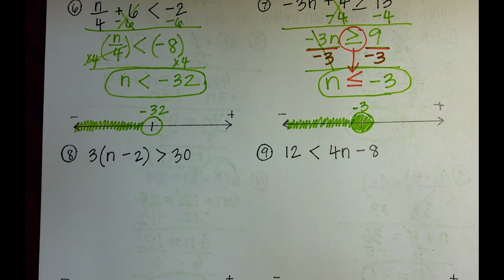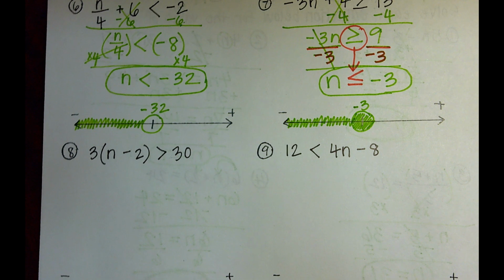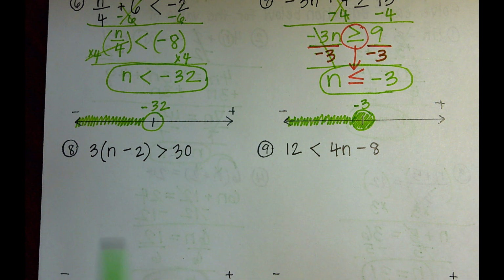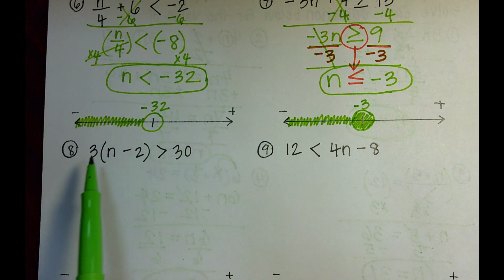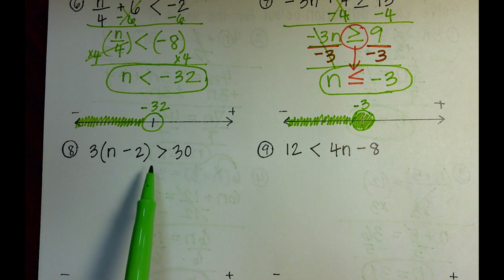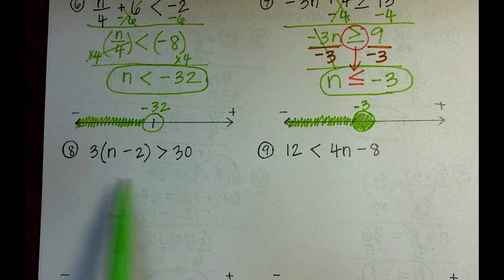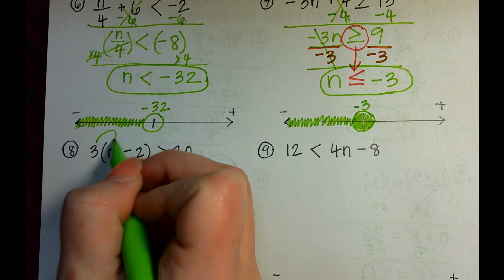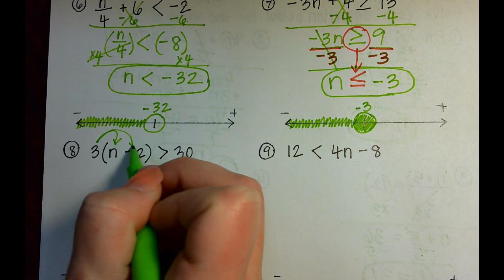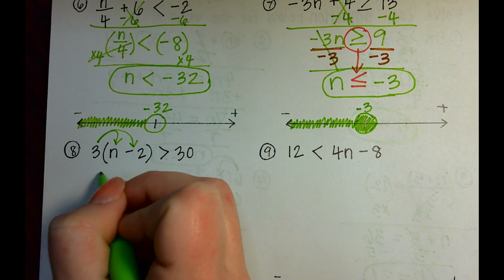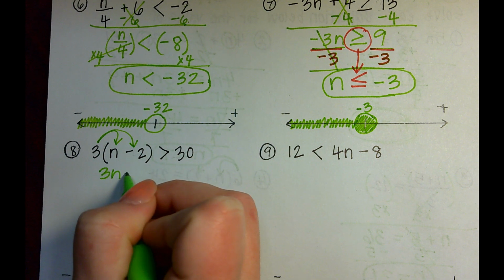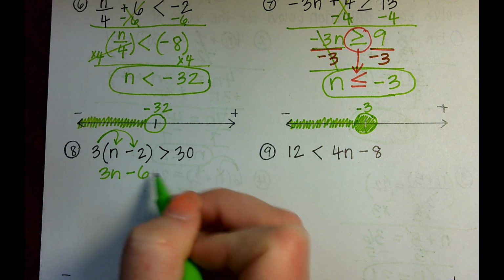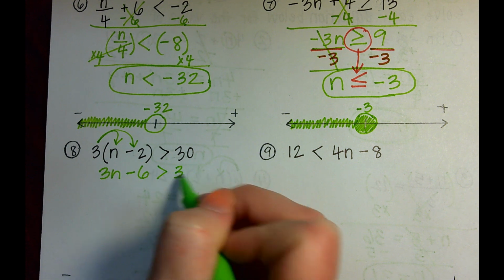I'll leave it so that we can still kind of see it. And let's start peeking at number 8. So, number 8, yes, we could distribute to start. Perfect. So 3n minus 6 greater than 30.